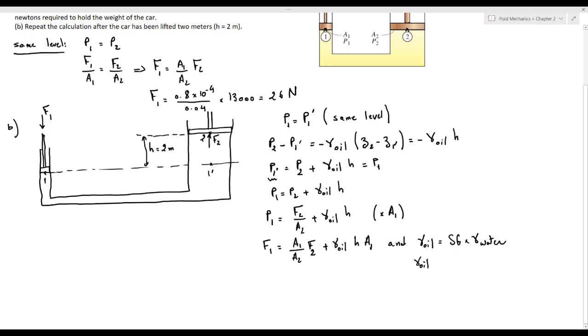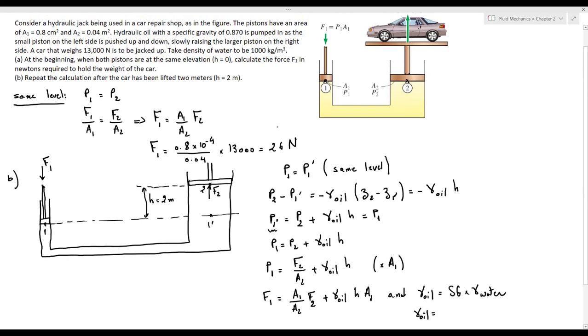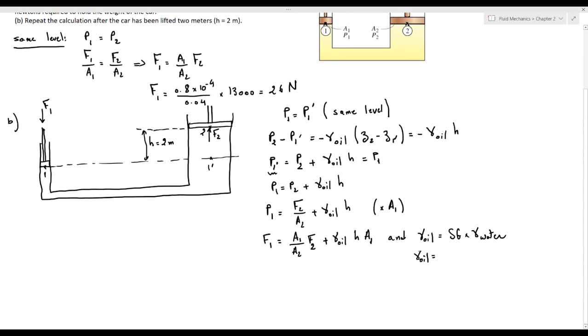So gamma oil is equal to 0.87 into gamma water, which is density of water times g, so 1000 into 9.81. So gamma oil is equal to 8,534.7 Newton per meter cube.